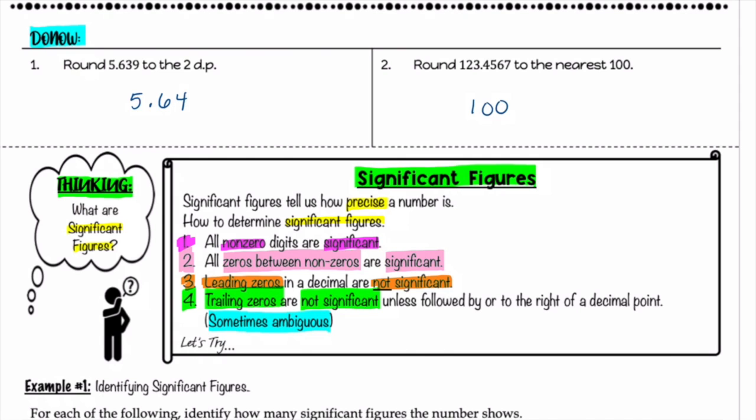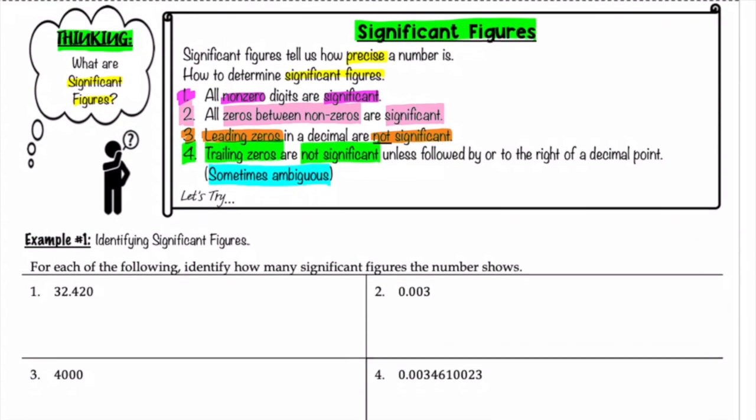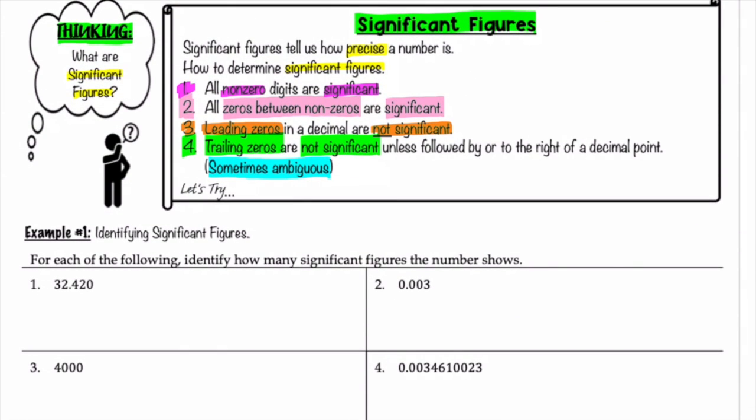So let's try this. Let's look at example number 1. For example 1, we are going to be identifying significant figures. It says for each of the following, identify how many significant figures the number shows. So let's look at number 1. We have 32.420. Here we have 5 significant figures, SF for short.